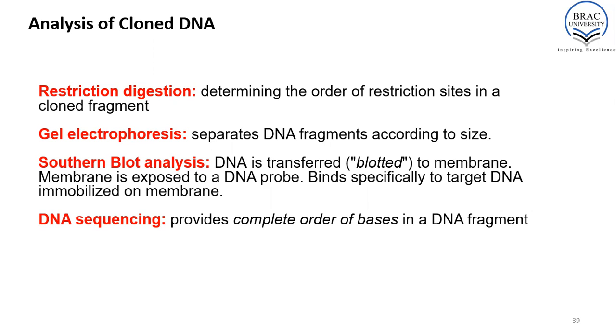And then the processes of screening, if you can recall, it's mostly firstly the antibiotic resistance, and then we can do the blue and white screening, which is also known as alpha complementation.